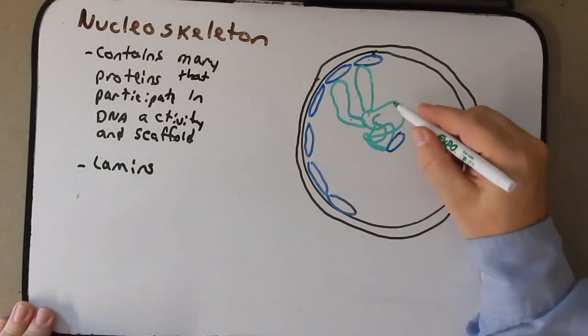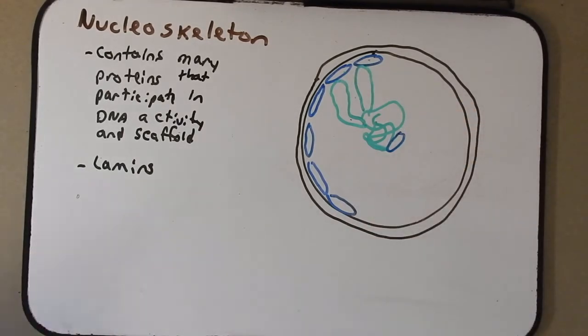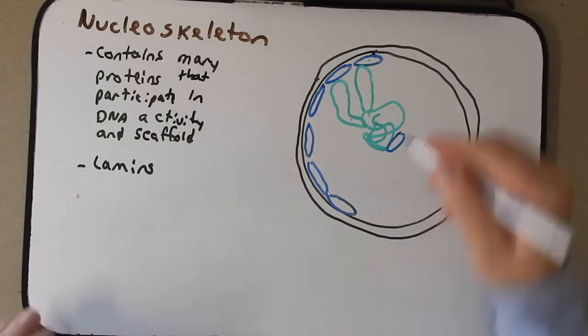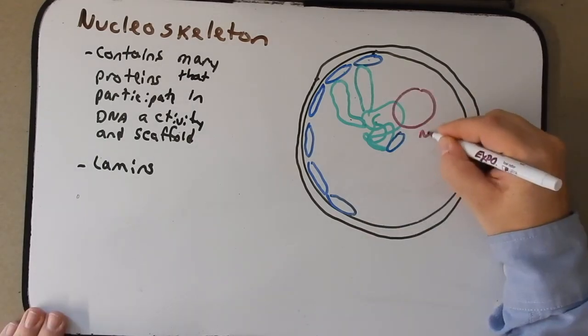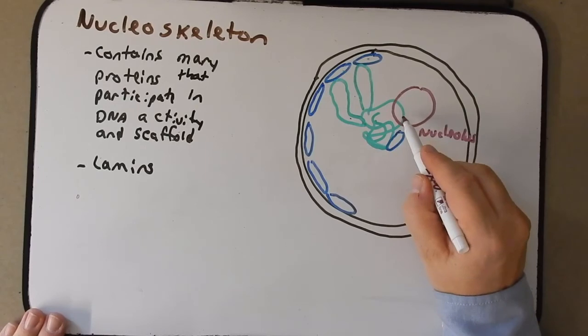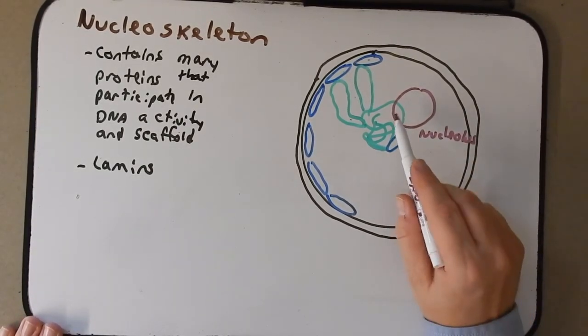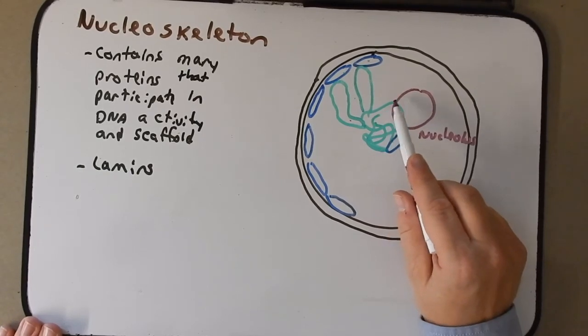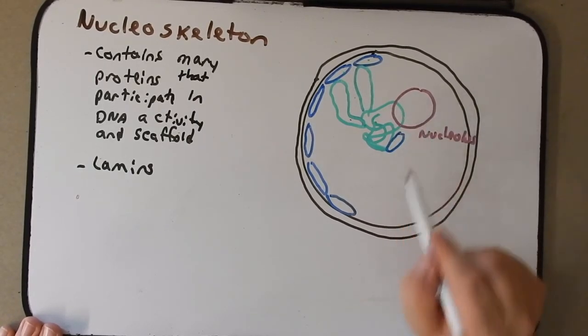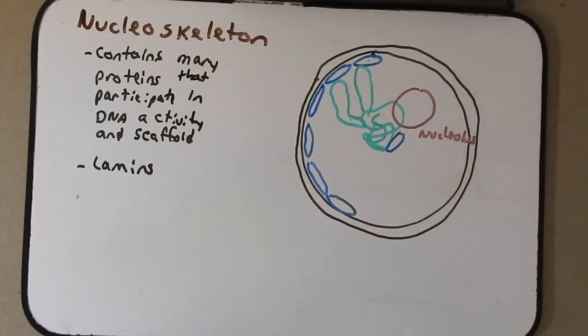It's also not uncommon, as that is looping out there, for it to interact with our nucleolus. So that's our nucleolus. And you can see this loop coming in here. We're going to come back to that in a moment, but a little bit of a preview. We're going to see that almost all the chromosomes have a loop that extends into the nucleolus, but it's directed there by these lamin proteins.